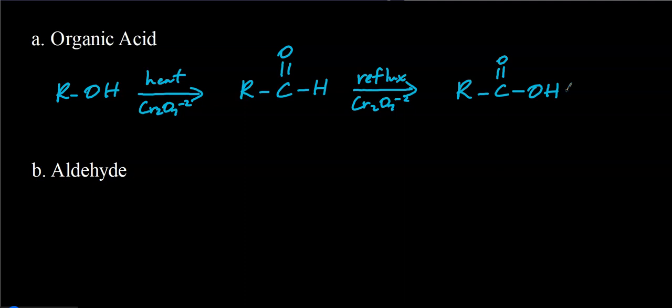Or, I suppose, another reaction that might be important to know is how we can take an aldehyde and convert it to a carboxylic acid. That would be via oxidation. So you can oxidize a primary alcohol to an aldehyde. You can oxidize an aldehyde to a carboxylic acid.